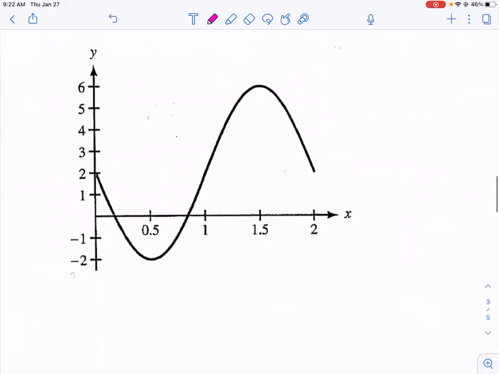I want you to go ahead and draw this one for me. The longest part of notes is just drawing these graphs in so you can look back and understand what's going on. So I need you to draw it in.